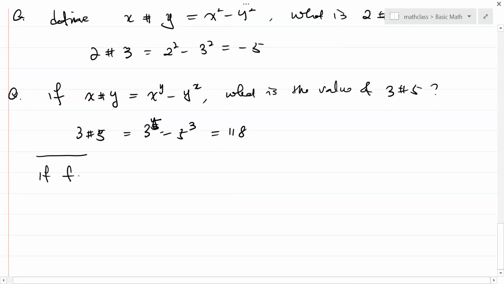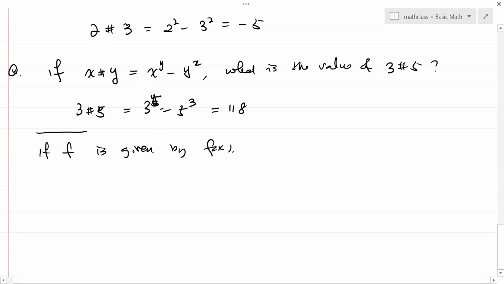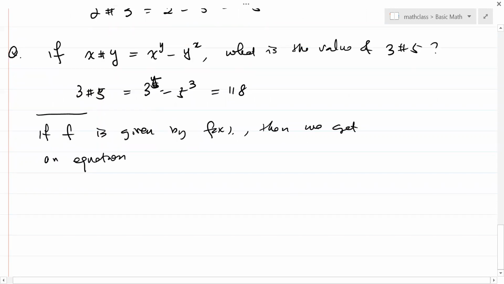If f is given by a formula, then we get an equation, and this is the equation y equals f of x.